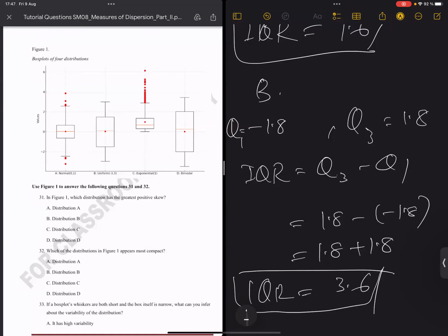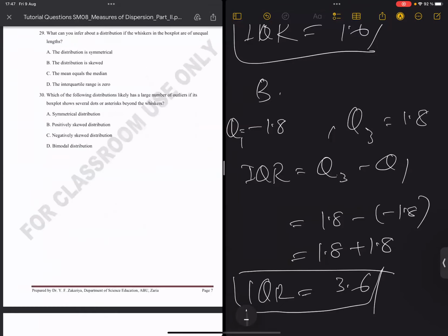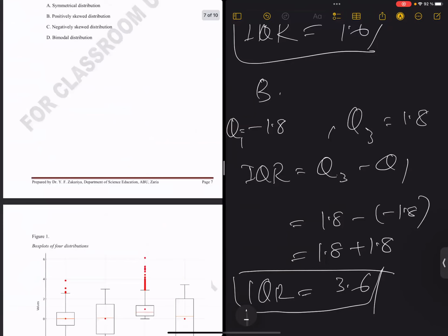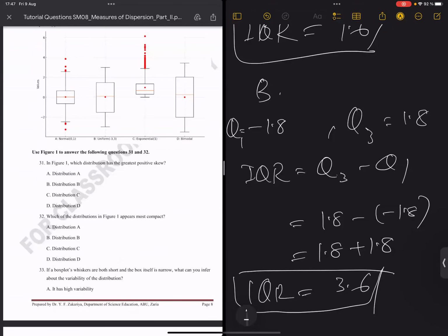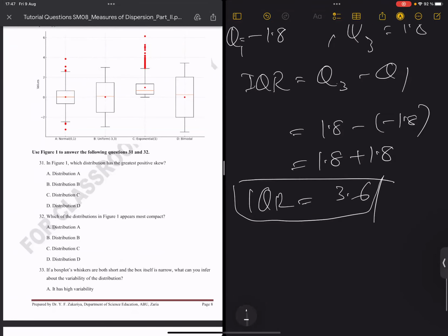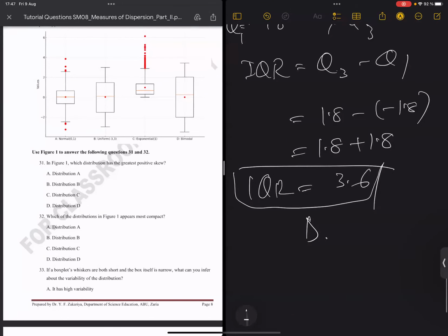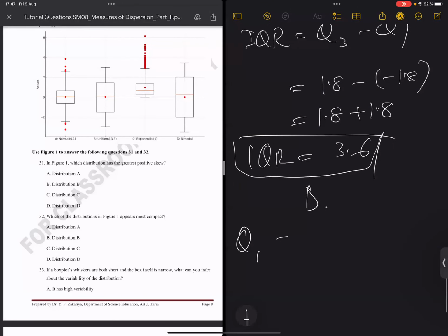And when you look at D, by the time you measure the length, you will see it is bigger than 3.6 even. Let us calculate that of D. For distribution D, Q1, the lower end, is -2, and Q3, the upper end, is +2.